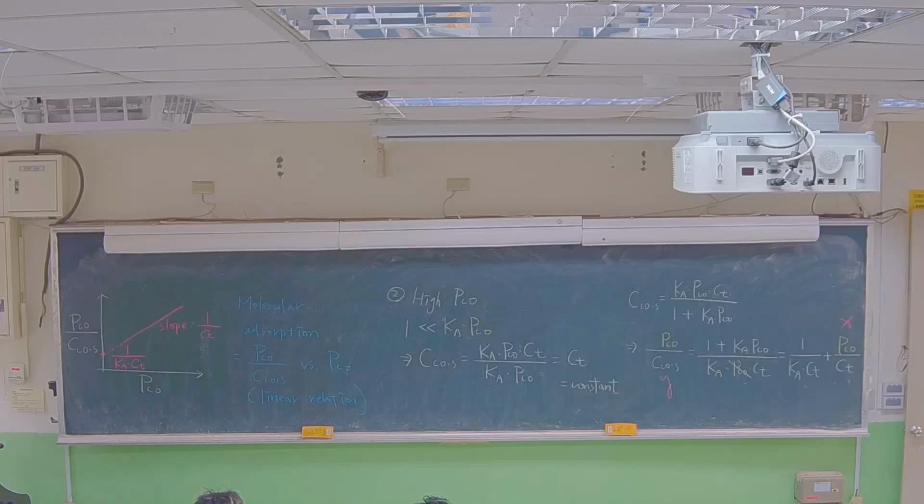On the other hand, if you do an experiment and you get the data, try to draw this figure. If you put this parameter on the y-axis and this parameter on the x-axis and you get a linear relation, that means your data conform to the linear single-site isotherm.